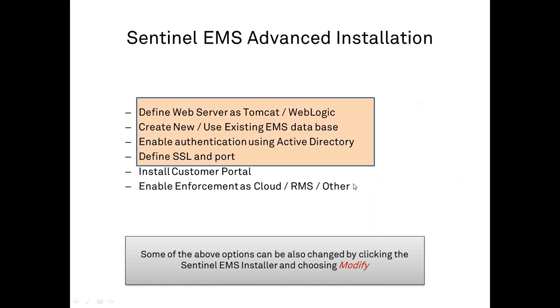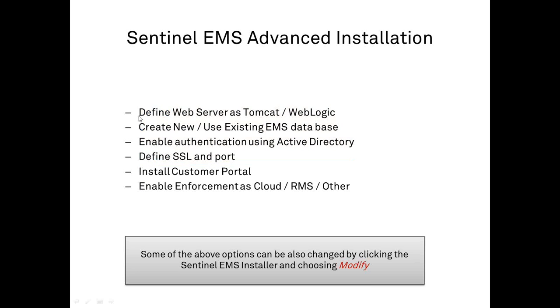So what are the things that are possible to be done during advanced installation? Here's the list of several things that are possible. One of them is to define the web server as Tomcat or WebLogic. What does it mean?